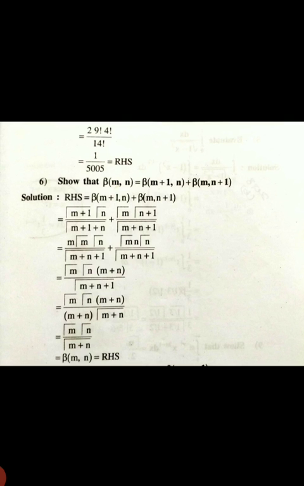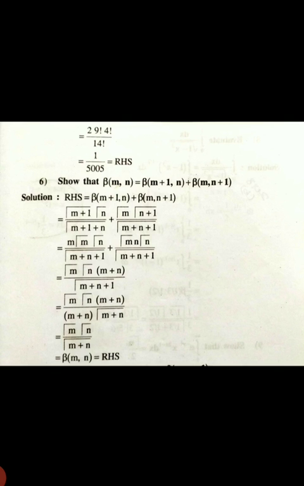See here, for m it is m plus 1 in the first term, and for n it is n plus 1 in the second term. For beta m n we write gamma m gamma n divided by gamma m plus n, but here for m it is m plus 1. That's why I am taking gamma m plus 1 into gamma n divided by gamma of m plus 1 plus n.